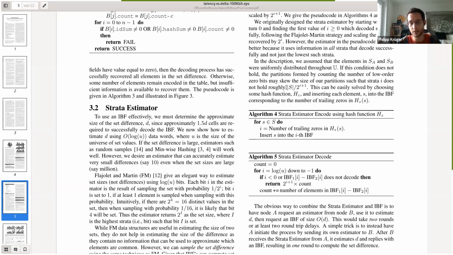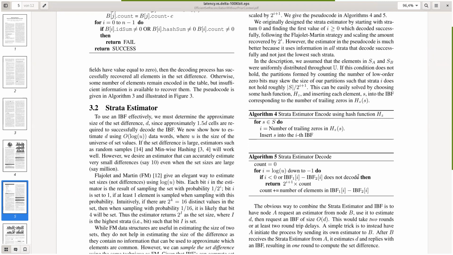And so you're comparing two IBFs that encode very small amounts of elements. And so when you subtract them, it's very likely that they can decode. And you just continue on. You start with the strata that has the least elements, and you continue until you cannot decode anymore.